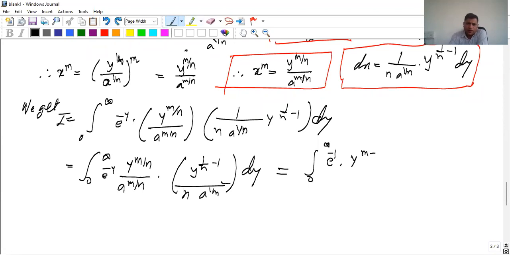So the power of y is divided, so here y raised to 1 by n, e raised to minus y, a raised to m plus 1 by n.